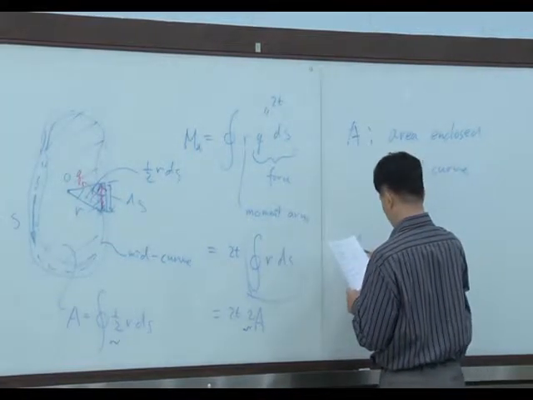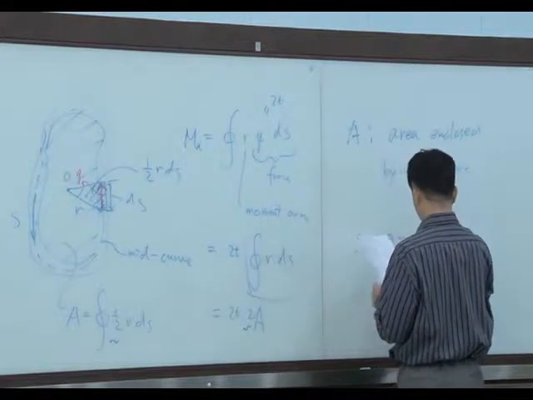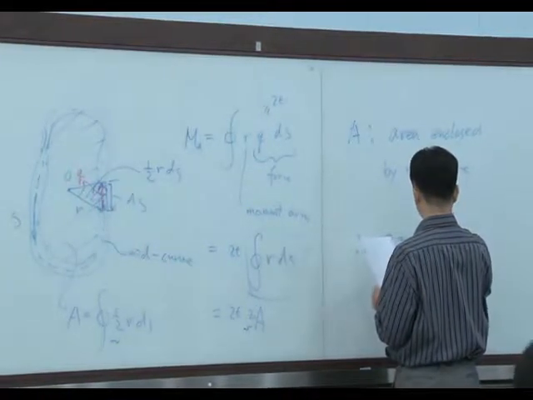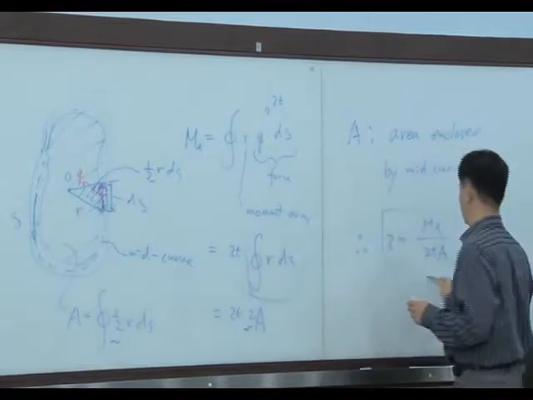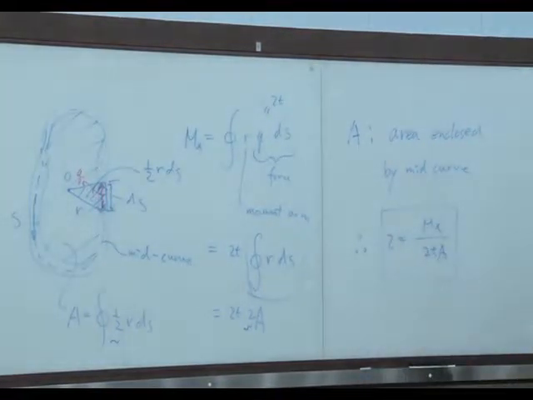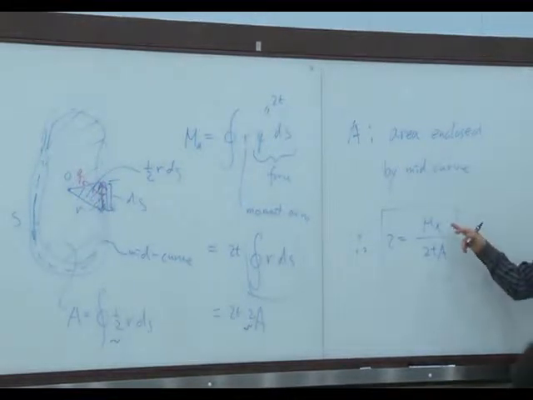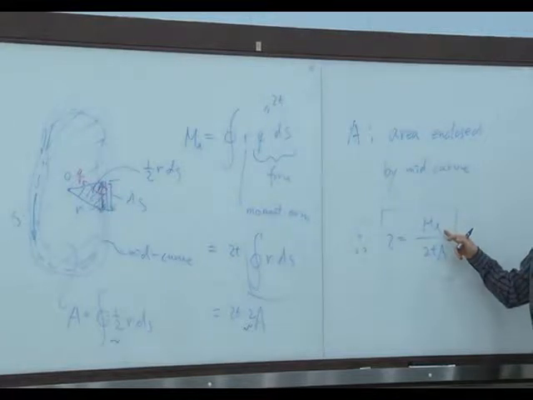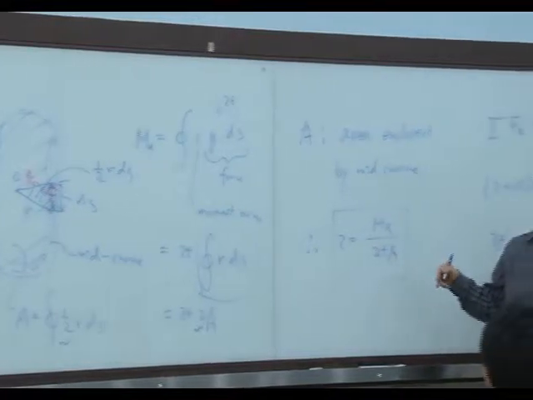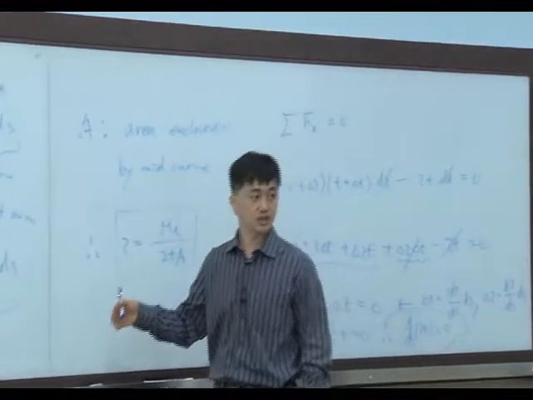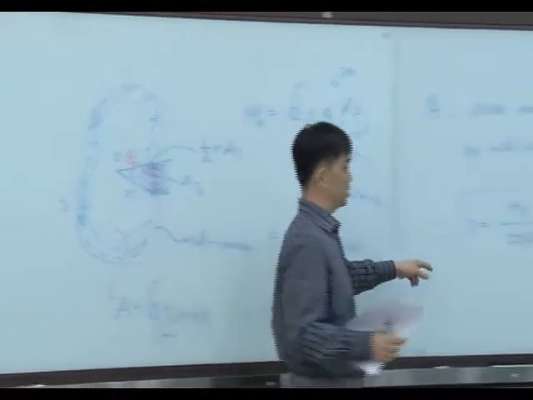And finally, tau becomes Mx over 2tA. When the geometry of the cross section is defined, given, and if we know the total twisting moment, we can calculate the shear stress very easily based on this equation.